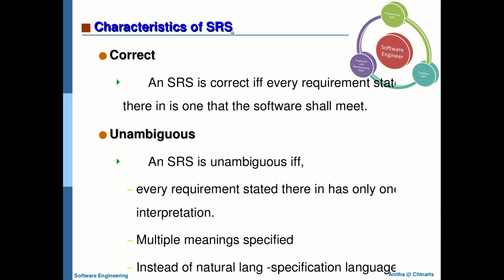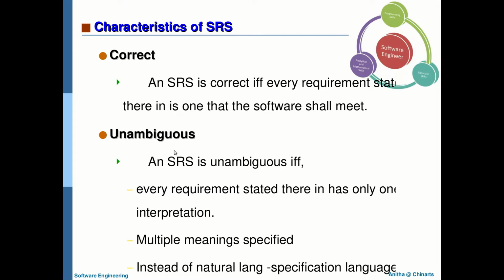If I want to call an SRS a correct SRS, it is correct if and only if every requirement stated there is one that the software shall meet. All the requirements that are specified in the SRS can be met in the software, can be designed in the software. Then you can call the SRS a correct SRS.